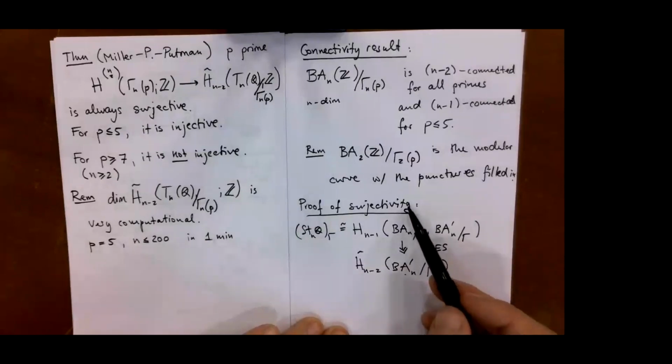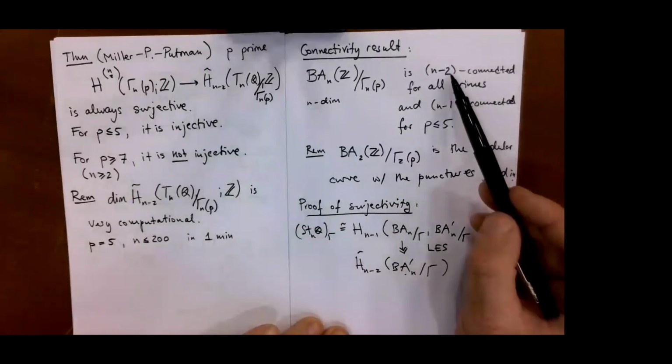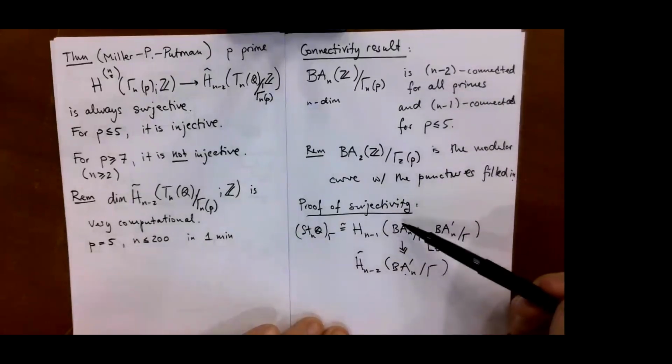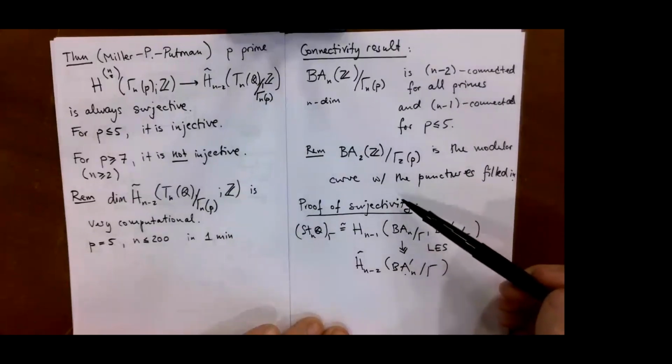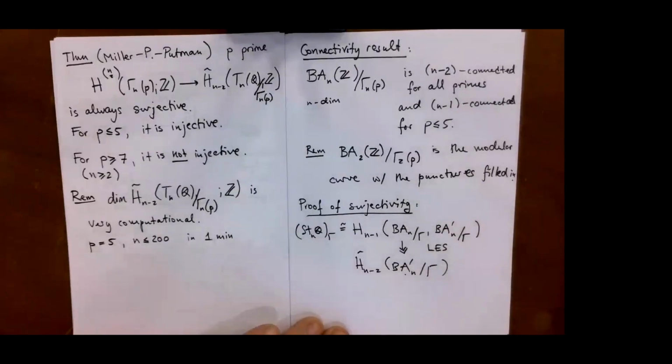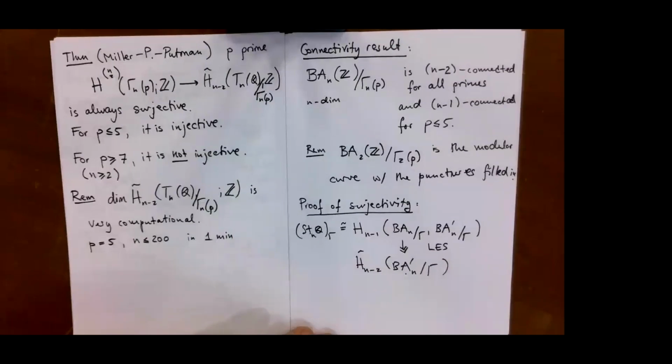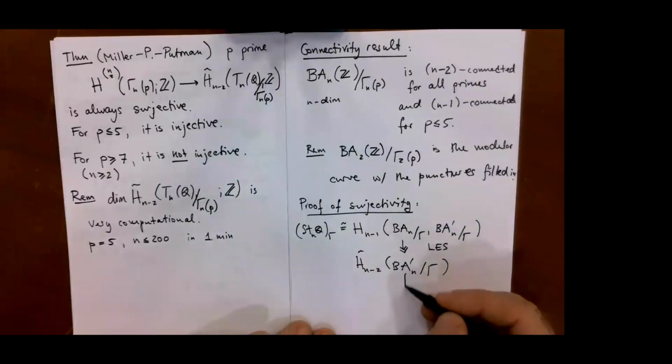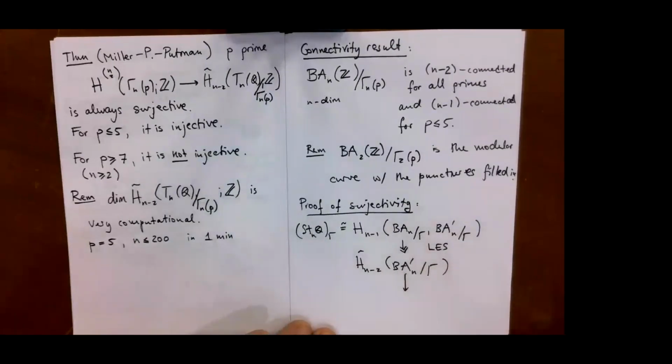But the group beforehand is not necessarily 0, so we only get this as a surjection. Then you had a map from the subdivision of BA prime to the Tits building, and so you also get a map to that mod gamma.